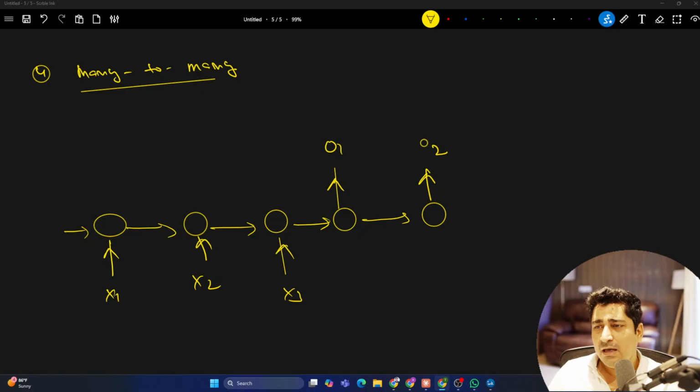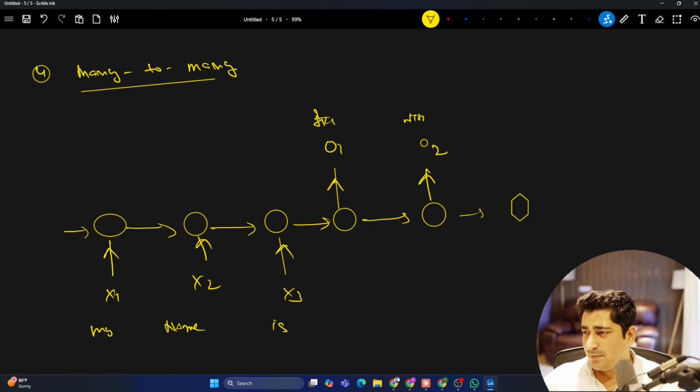For example, if I'm talking about sentence translation, maybe I'm trying to translate English into Hindi. I'm trying to give input in English, "my name is", and then it should give me an output, "Mera naam hai", something like this.